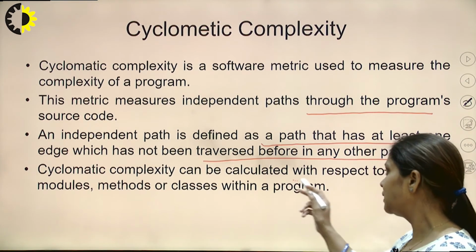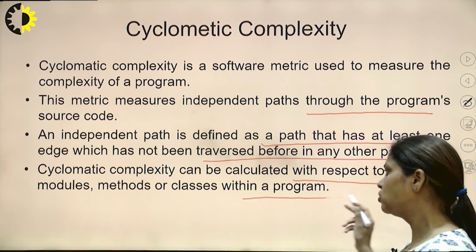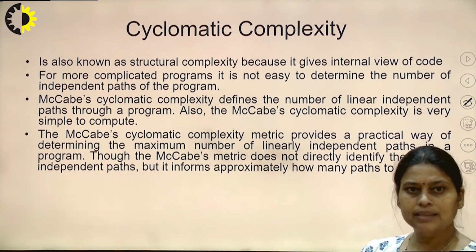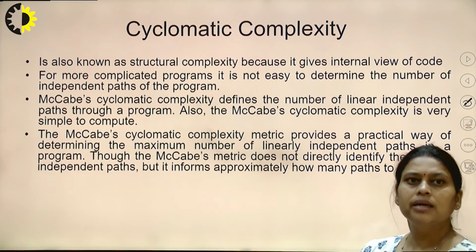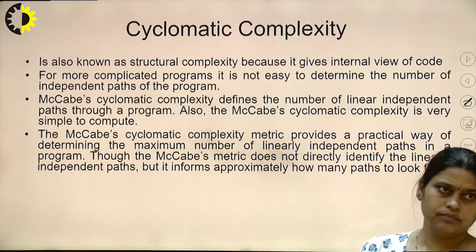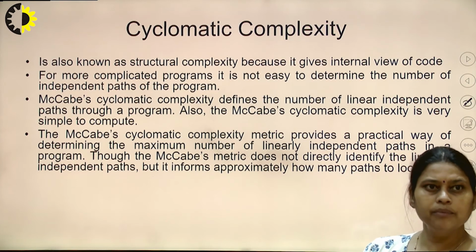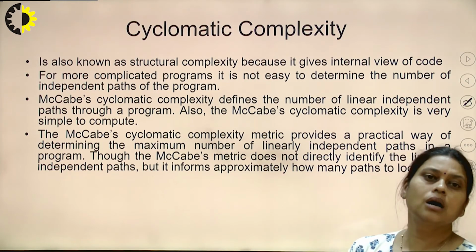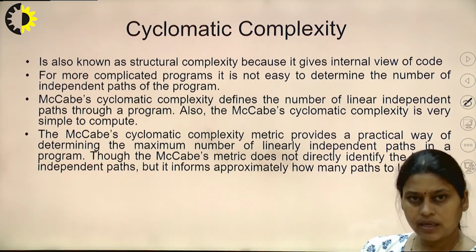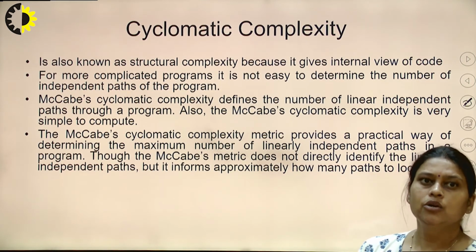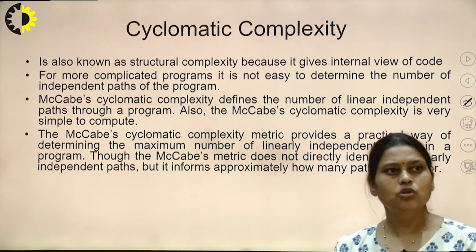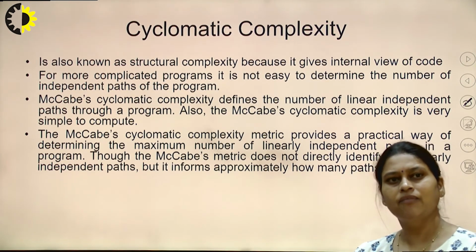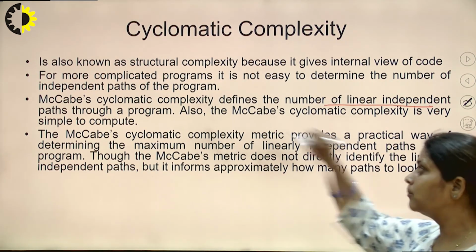So, cyclomatic complexity can be calculated with respect to the modules or classes within the program. It is also known as the structural complexity of the program because it gives an internal view of the code. For a more complicated program, it is not easy to determine the number of independent paths. When we have to consider a large project or a very complicated program, it is not easy to determine the number of independent paths. So, we use McCabe's cyclomatic complexity, which defines the total number of linearly independent paths through a program.